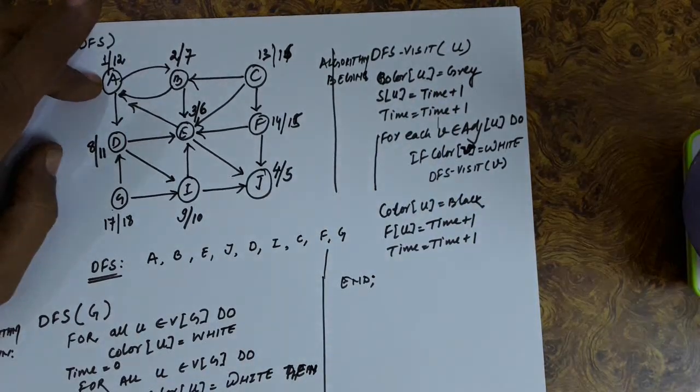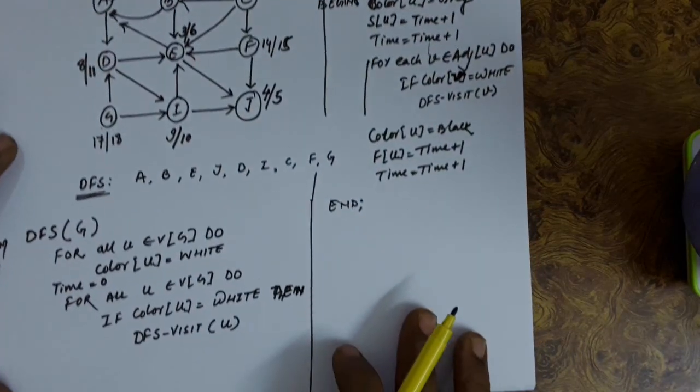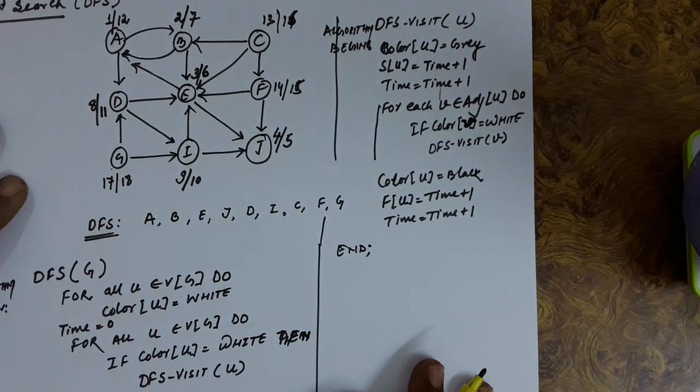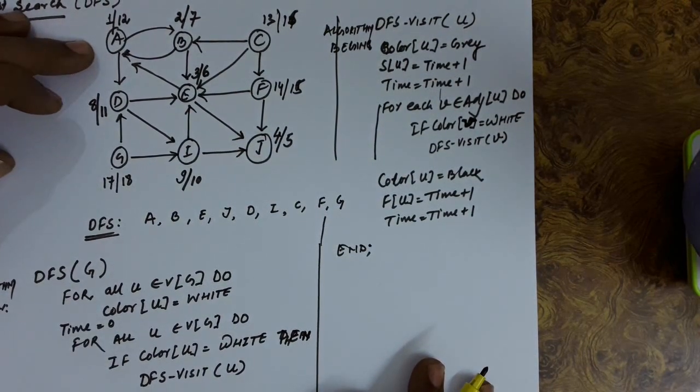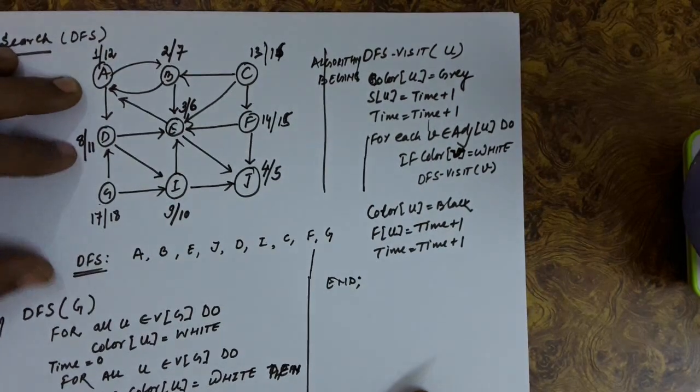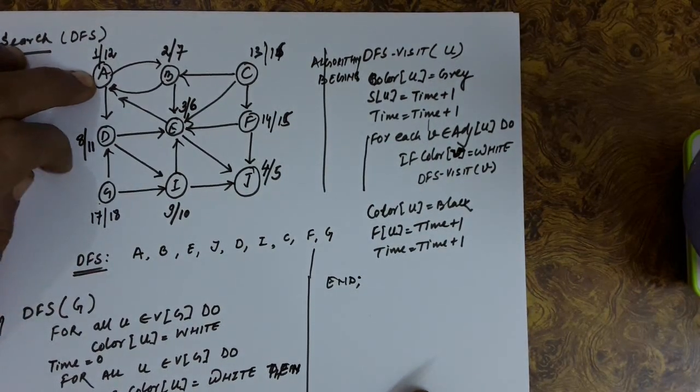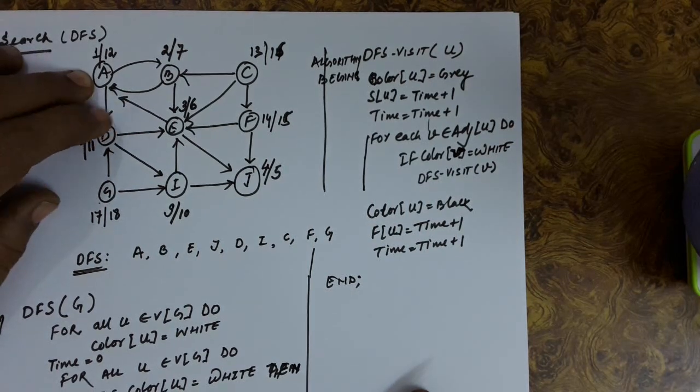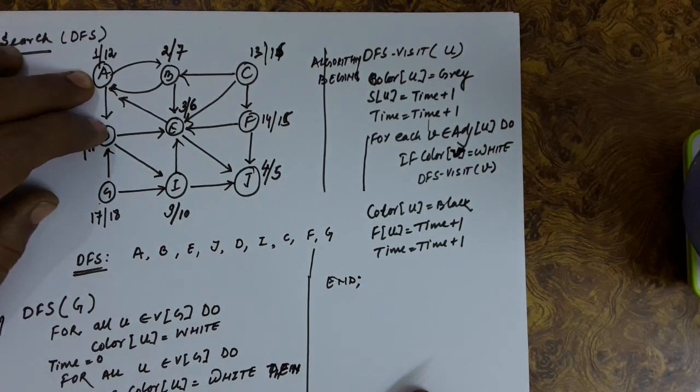Now there is one more thing which is required to be done here. We need to set the predecessors of the vertices. For example, in this graph, A has got started automatically. This was the first vertex.